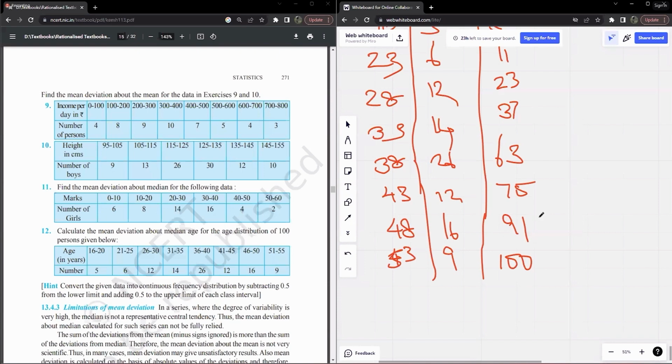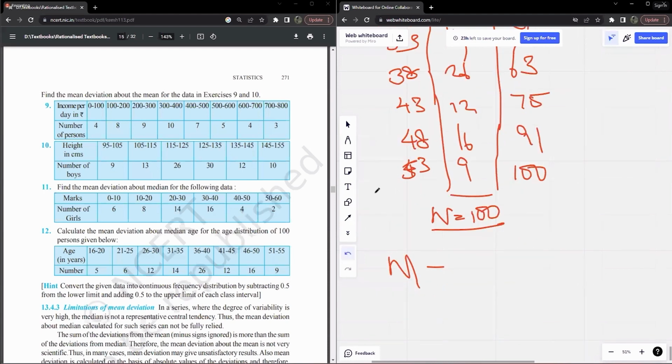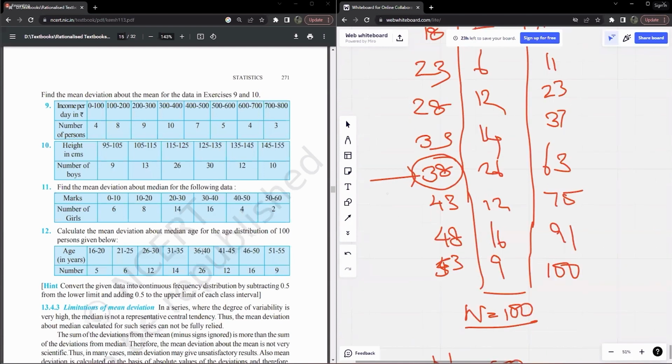Remember that your median is calculated from the class where n by 2 falls. N by 2 is 50, and the 50th observation falls inside this class. This is the median class, and the median class is the class having the midpoint 38, which is this class.